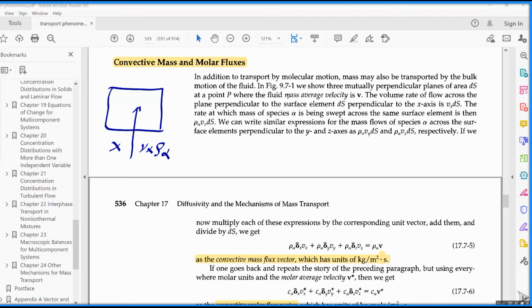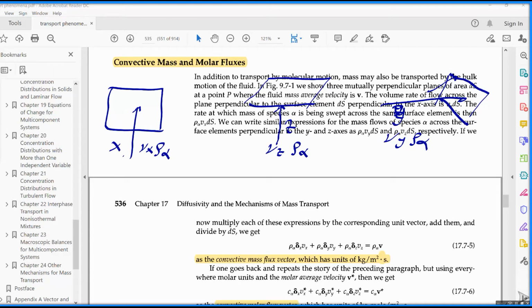If we reverse this, let's say this is the z direction, then the mass flux is Vz rho alpha. Again, say it's flowing from here, this is the y direction. Now we can define the mass flux perpendicular to the surface as Vy rho alpha.